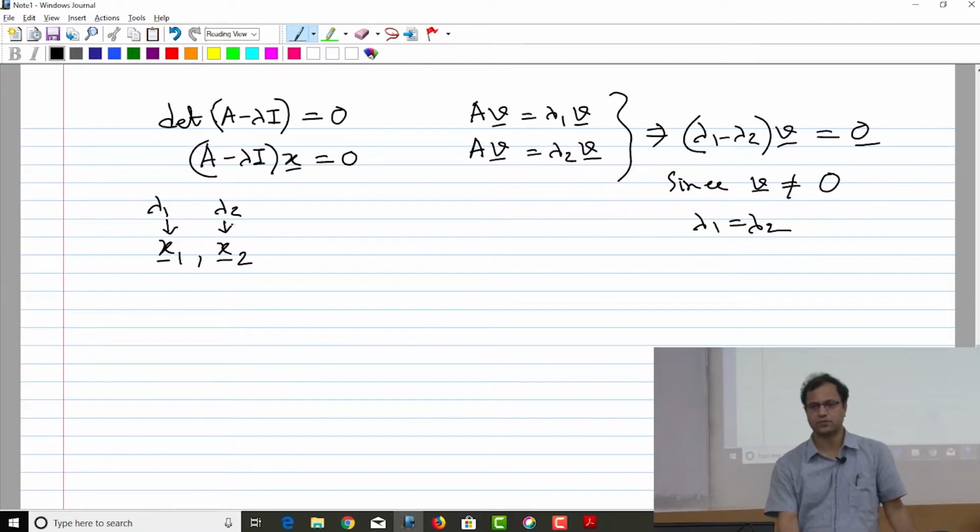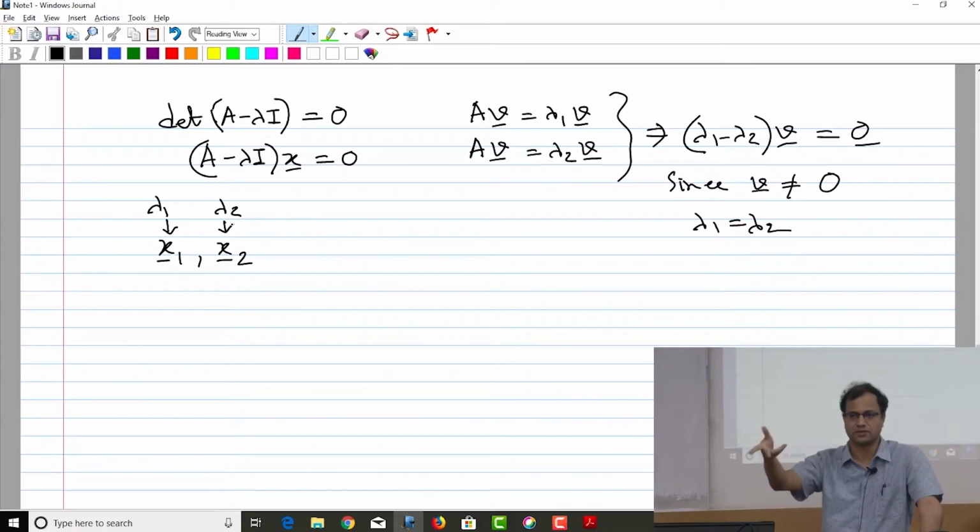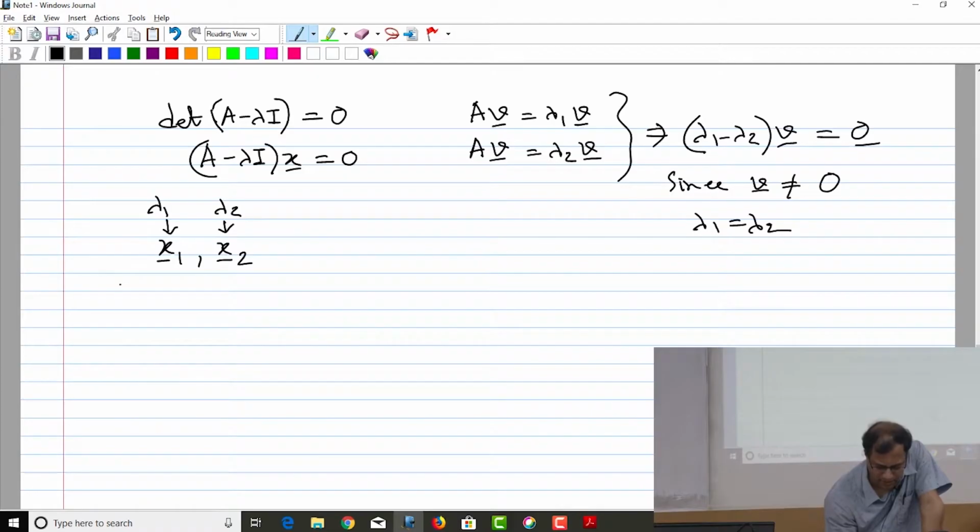What we need to prove to show that they are linearly independent? If we take a linear combination of these two vectors, c1 x1 plus c2 x2 equal to 0 vector, then we have to show that the only possibility is c1 equal to c2 equal to 0. So it's also not very difficult.